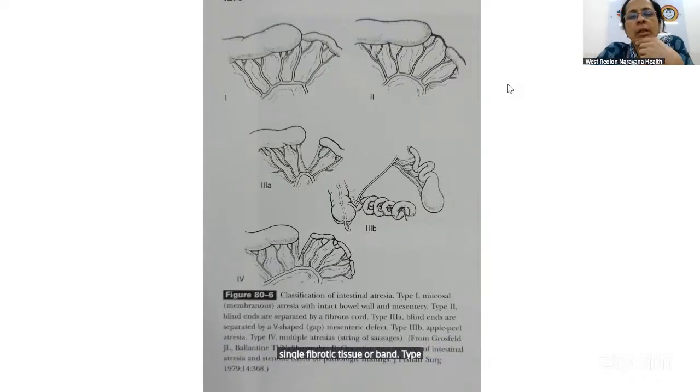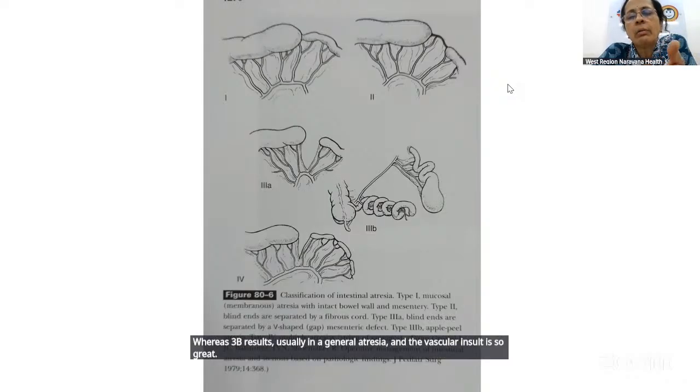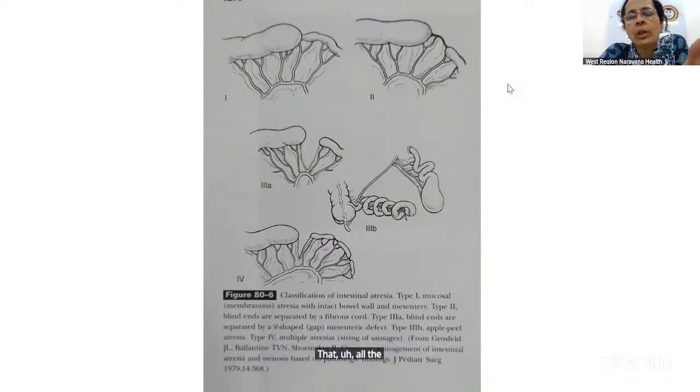Type 3 is divided into 3A and 3B. In 3A, which is the less severe one, there is a gap in the mesentery, whereas 3B usually results in a jejunal atresia, and the vascular insult is so great that all the supply to most of the small bowel goes off, and it is supplied in a retrograde fashion by an ileocolic or terminal ileal branch, and hence the intestine gets curled onto this branch which is supplying.